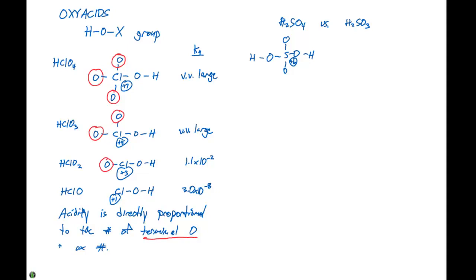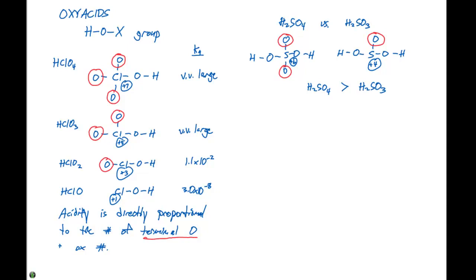If we compare this to H2SO3, we have the same parent structure, but in this case we only have 1 extra oxygen to put on here. Our sulfur oxidation state is going to be plus 4. So here we have 1 terminal oxygen, here we have 2 terminal oxygens. H2SO4 would be a stronger acid than H2SO3 because it has 2 terminal oxygens and a higher oxidation state than the H2SO3.